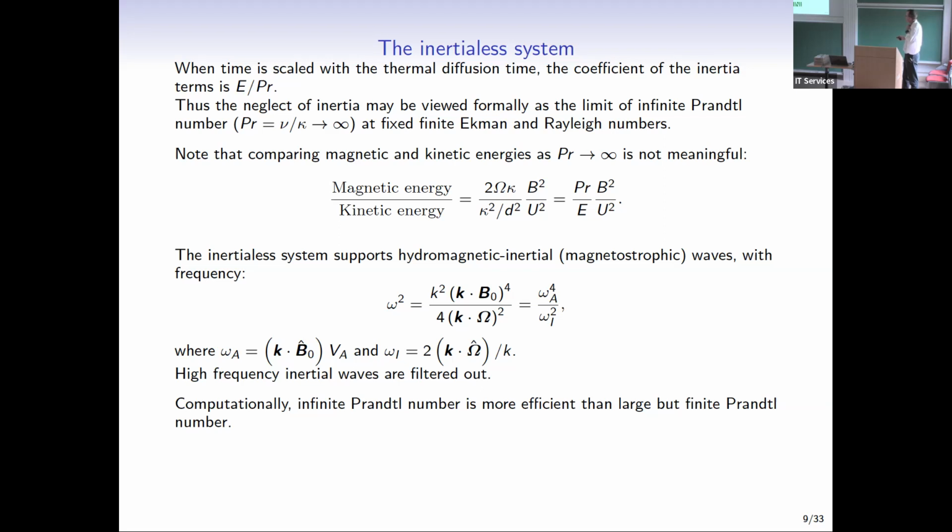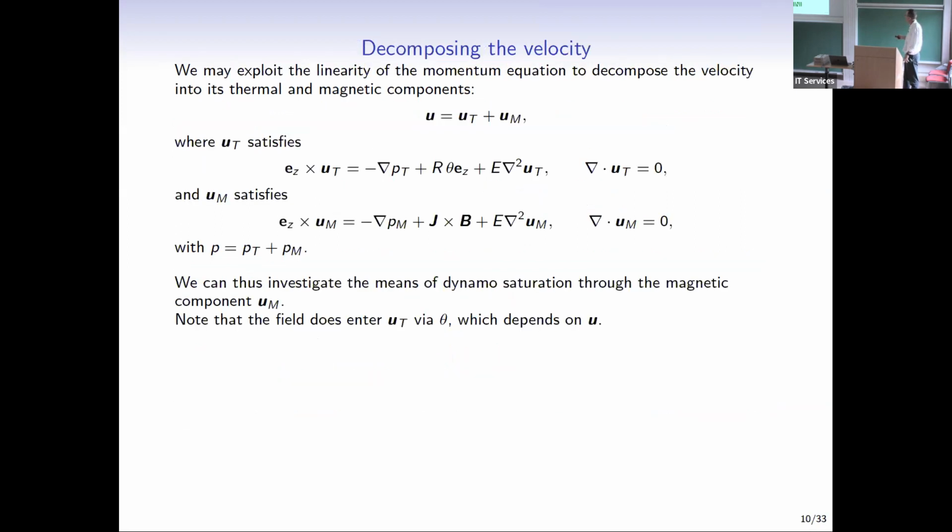Okay, so just in terms of terminology, I think Acheson and Hide called them hydromagnetic inertial. I think in Keith's book, he calls them magnetostrophic. And what you lose are the pure inertial waves. Okay. So computationally as well, infinite Prandtl number is useful. You're not chasing any high frequency waves around. Okay.